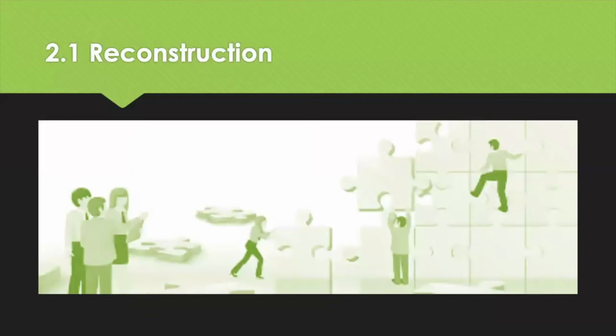So the last of the four is reconstruction. This is a series of rapid and simultaneous changes, fundamentally altering the way the organisation operates in response to a catastrophic event or situation. Reconstruction is concerned with rapid and immediate change, an upheaval in an organisation.